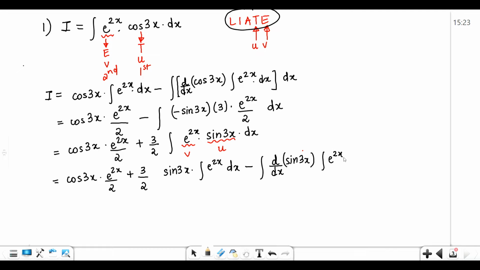Again you have to integrate v, close the bracket, then dx. Now this whole thing is getting multiplied with 3 by 2, so we will draw the bracket here. Again we'll write this plus 3 by 2. We'll solve the bracket now.